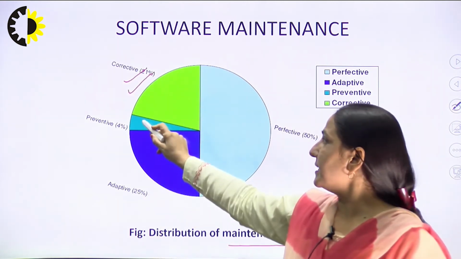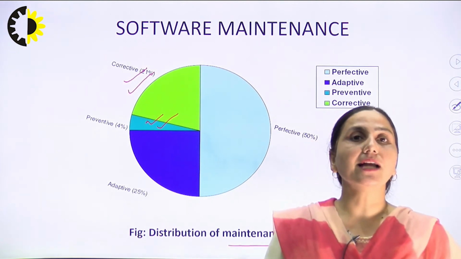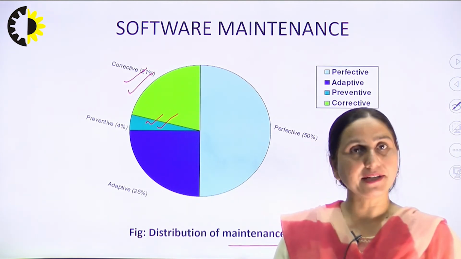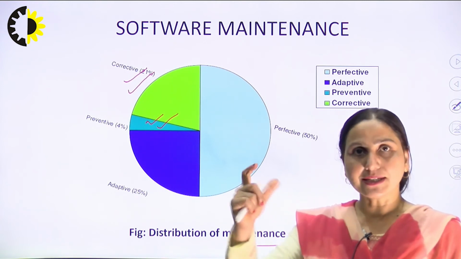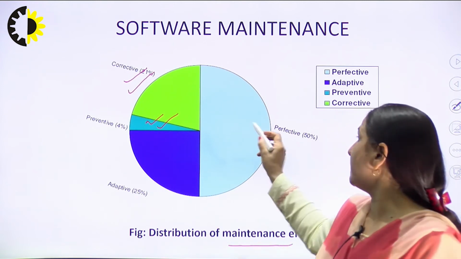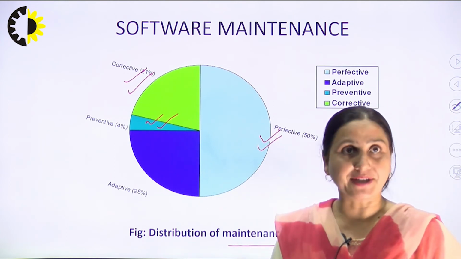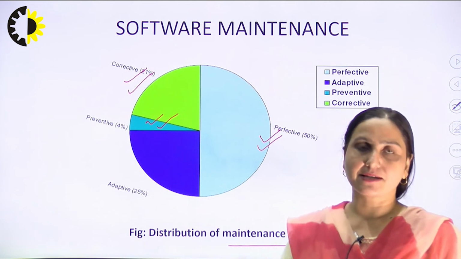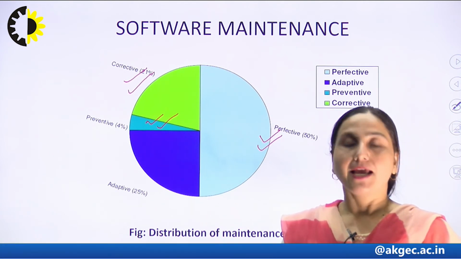Again, 4% is for the preventive. As far as adaptive is concerned, about 25% maintenance effort is required for adaptive maintenance. And you can see in this complete scenario, 50% of the maintenance effort is required for the perfective type of maintenance. So, this figure shows the distribution of the maintenance effort.